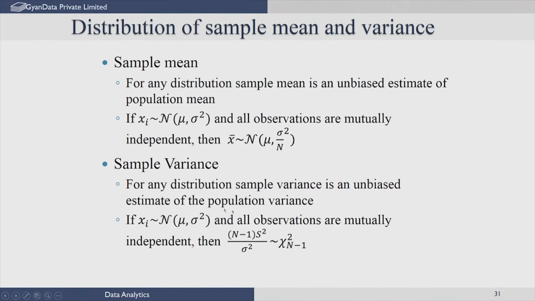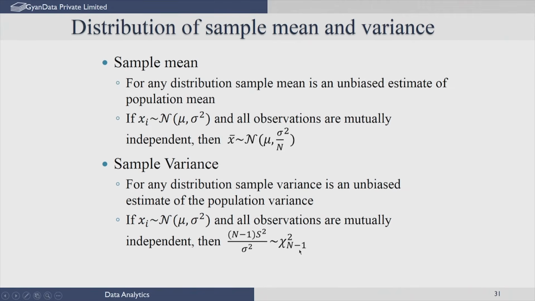samples. Now, if you look at the sample variance and want to characterize its distribution, we can show again, if you draw samples from the normal distribution with some mean mu and variance sigma squared, and these observations are mutually independent, then n minus 1 times the sample variance divided by the population variance is a chi-squared distribution with n minus 1 degrees of freedom.